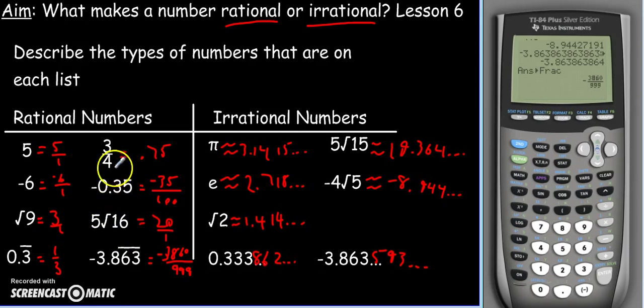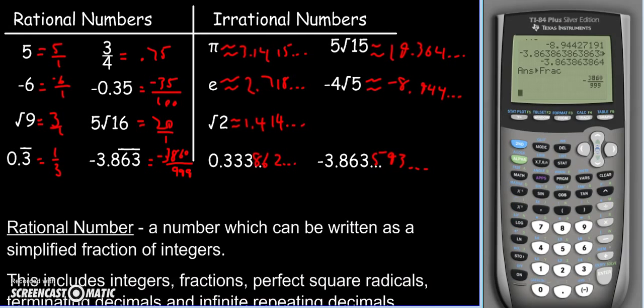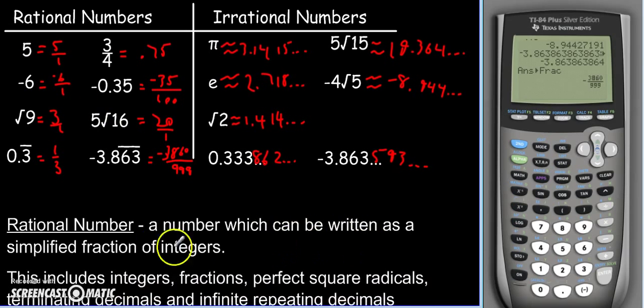So they consist of fractions, radicals that have perfect squares, terminating decimals, repeating decimals. So let's look at the technical definitions. A rational number is a number which can be written as a simplified fraction of integers.